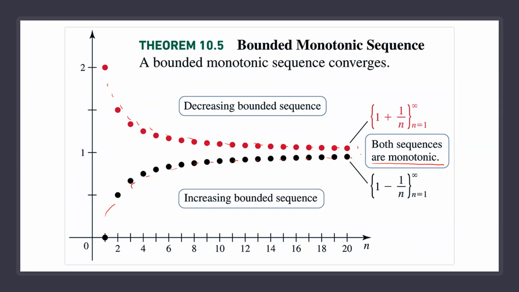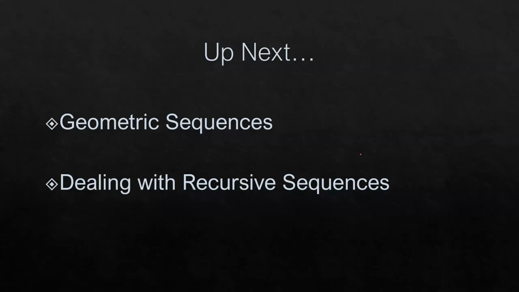And we are able to use that to prove that sequences converge. As long as we can show that it's bounded and that it's monotonic, then we would say that the sequence has to converge. Okay, that is it for now. And in the next video, I will show you how that BMS theorem works.